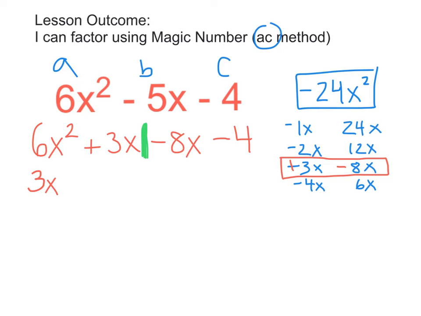And then we find out what we have left. Since 6 divided by 3 is 2, we know we have a 2 here, and we have an x remaining from the x squared. And then we also have, this is a little tricky here. Remember, if we have 3x and we're factoring out 3x, we don't have 0 left. 3x times what gives us 3x? And the answer is plus 1.